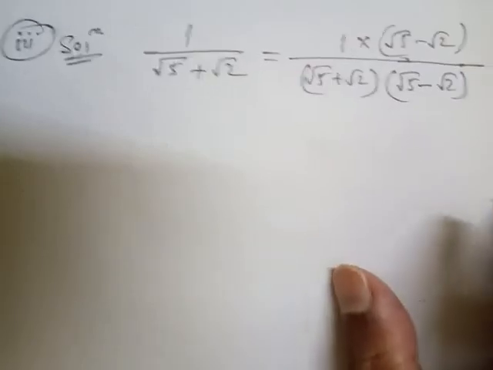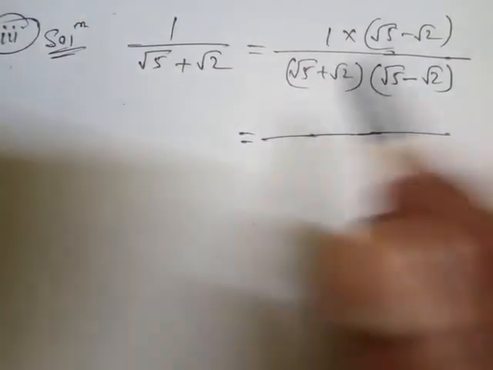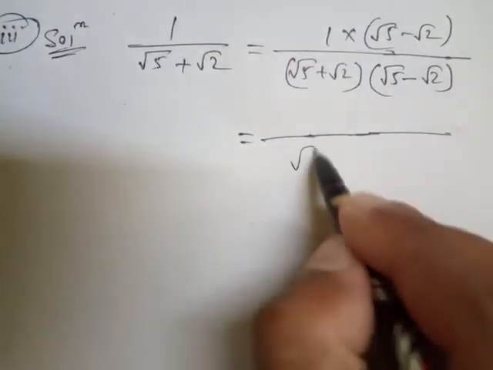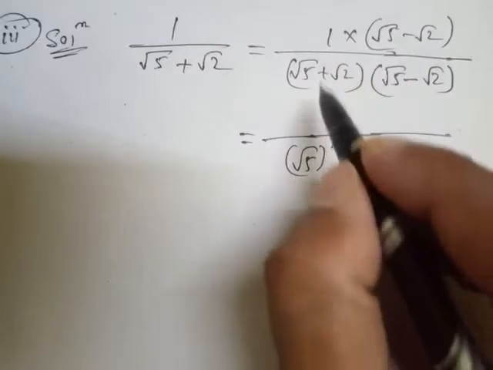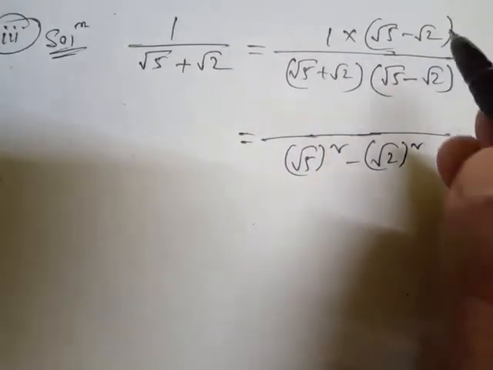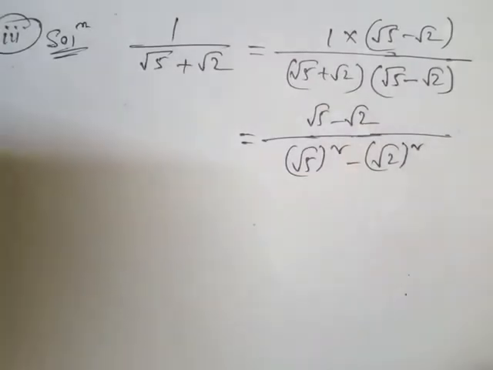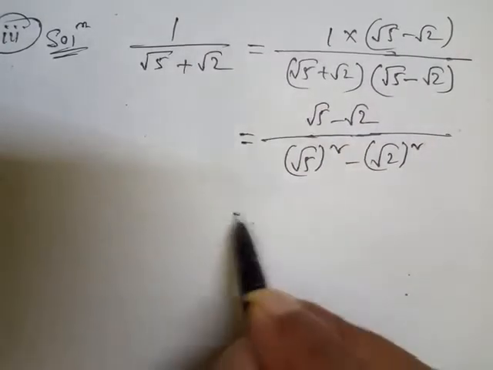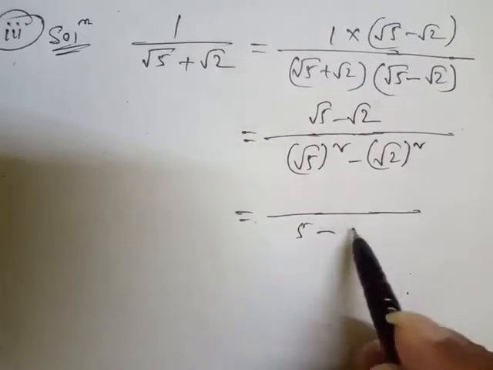Now look here, after that, a plus b, a minus b, which means a square minus b square, and if you multiply root 5 minus root 2 with 1, the answer will be the same. So root 5 minus root 2, and here square root cancels, so there is 5 only, square root cancels, 2.